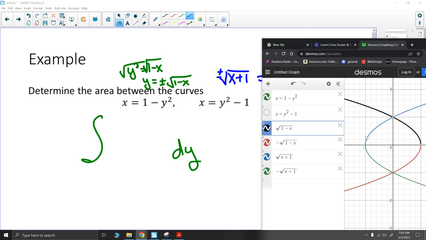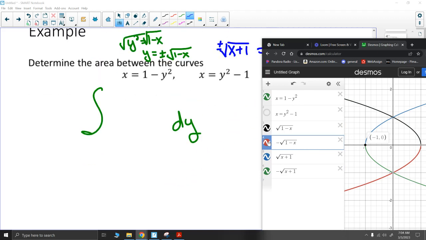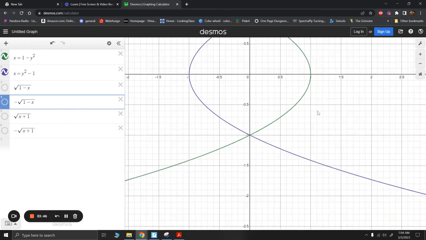We could also maybe do it where this is the upper function and this is the lower function, integrated from -1 to 0. That would also work, and so on and so forth. But again, that's adding challenges to this when there's no real need to. It's not that you can't, it's just that why bother when this is easier to deal with.